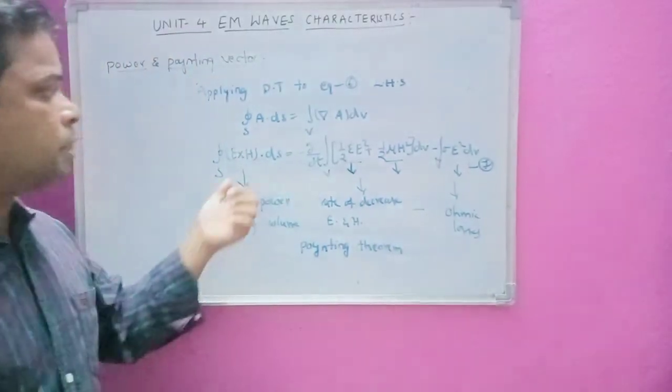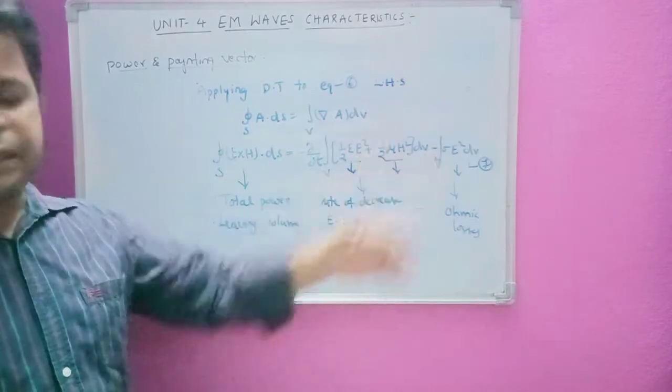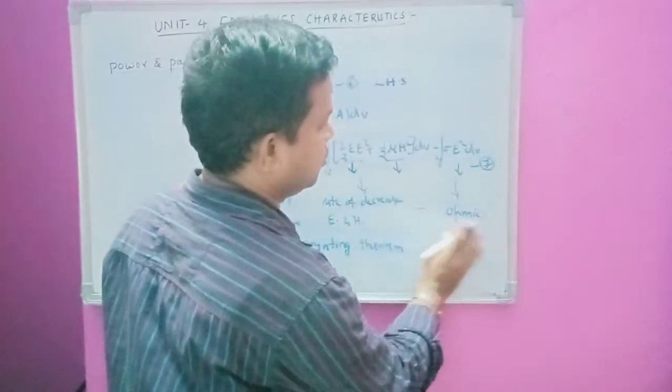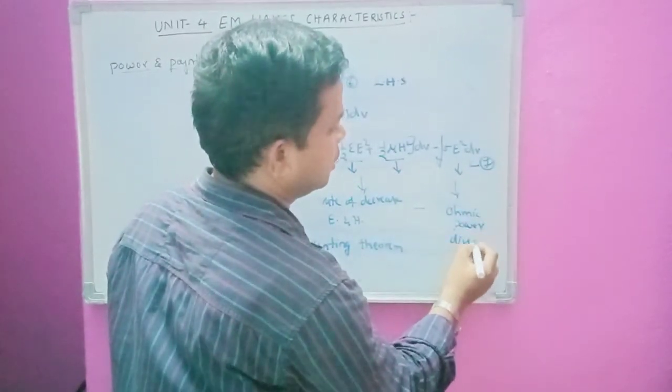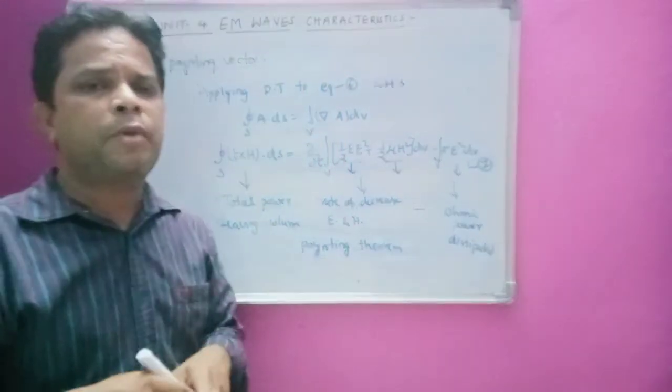We have represented this equation in terms of the electric and magnetic energy and the ohmic power dissipated. Dissipated means liberating, going out, so that is power we are going to lose.